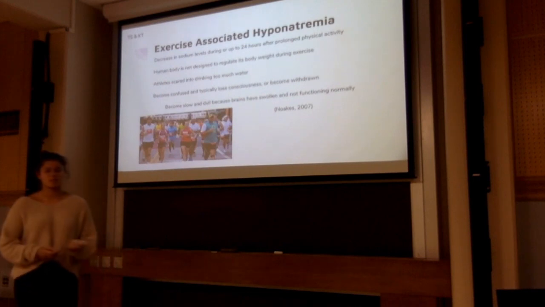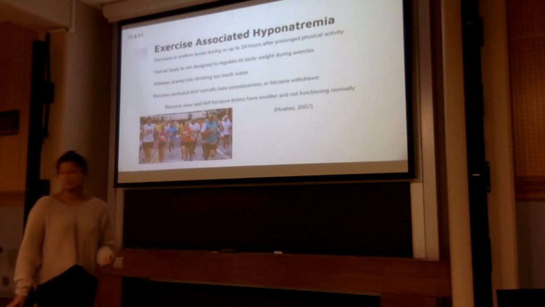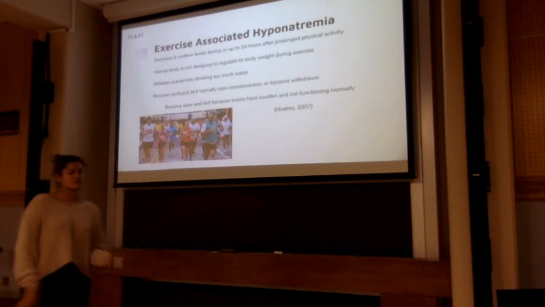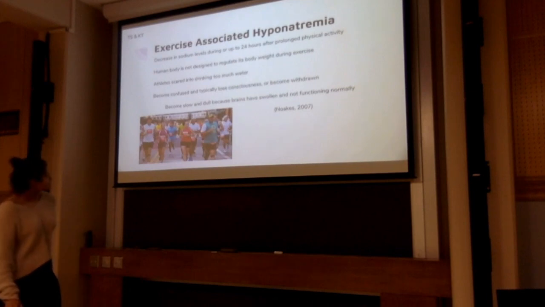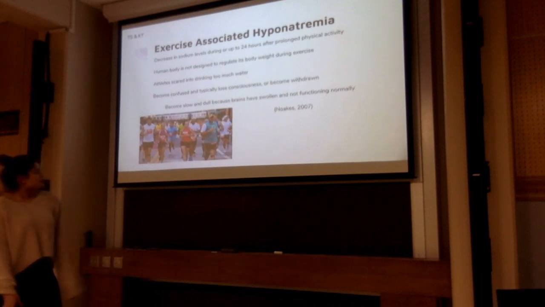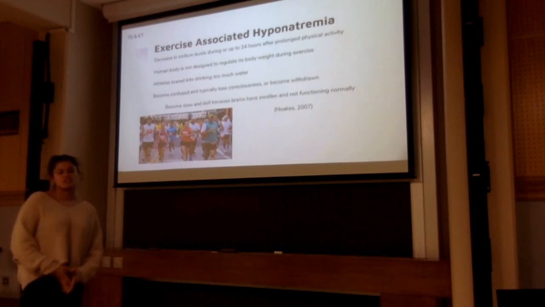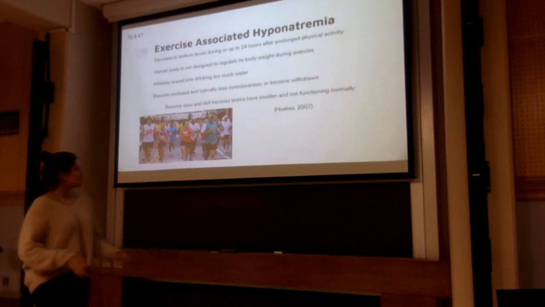And then the hyperhydration leads to problems like hyponatremia, which can lead to very bad consequences, like we've seen before. When they do get exercise-associated hyponatremia, they become confused and typically lose consciousness or become withdrawn. When they're withdrawn, they typically go into fetal position and don't want to talk to anyone.